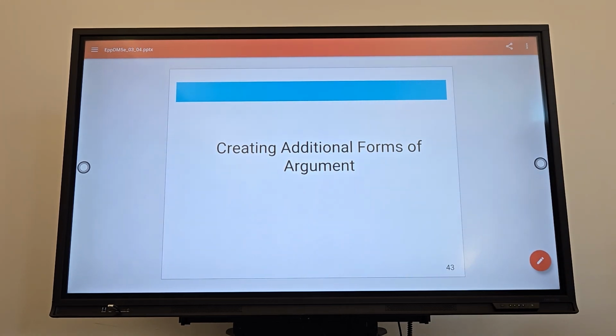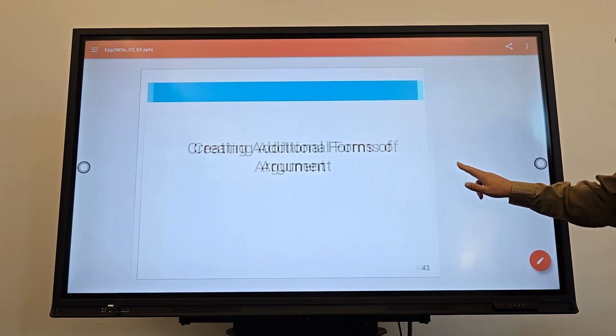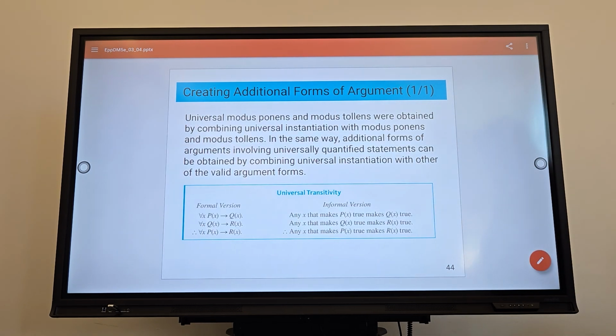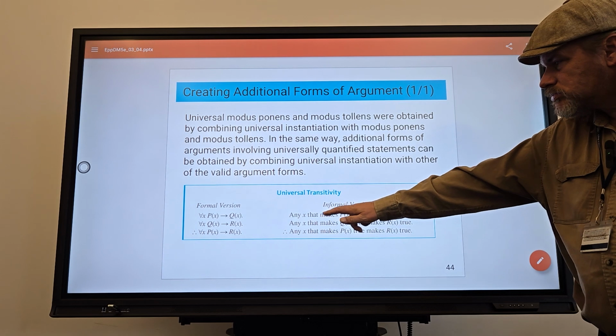Creating additional forms of argument. Universal modus ponens and modus tollens are obtained by combining universal instantiation with modus ponens and modus tollens. In the same way, additional forms of arguments involving universally quantified statements can be obtained by combining universal instantiation with other valid argument forms, such as transitivity.